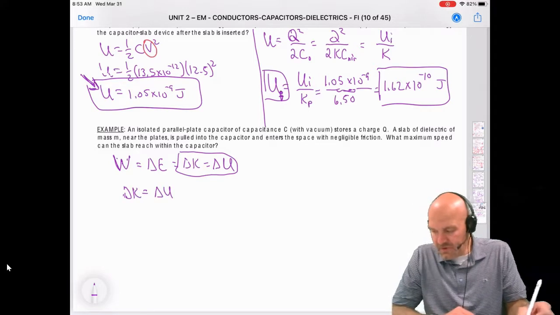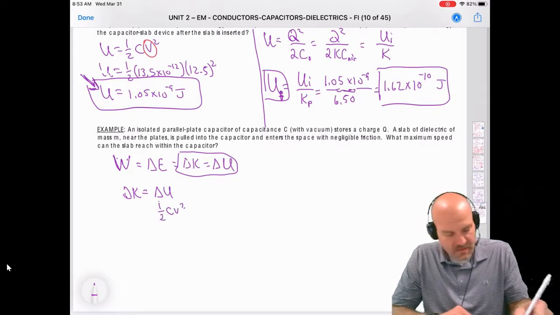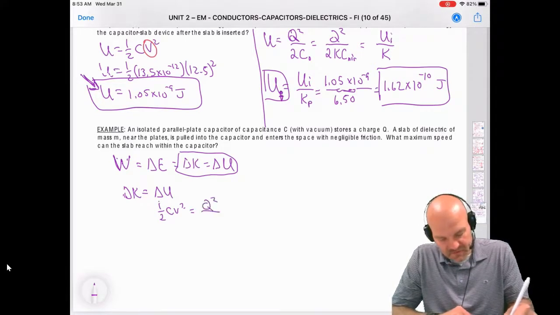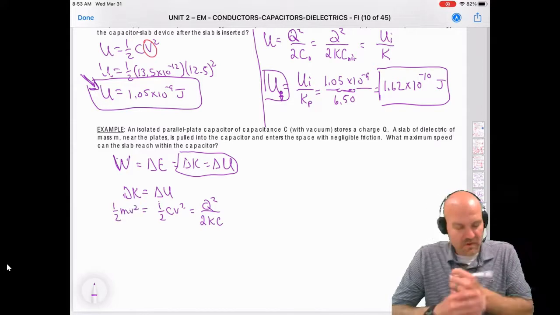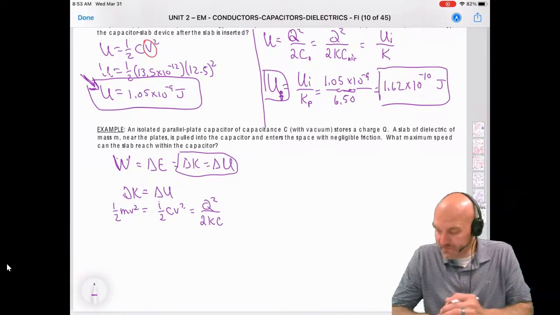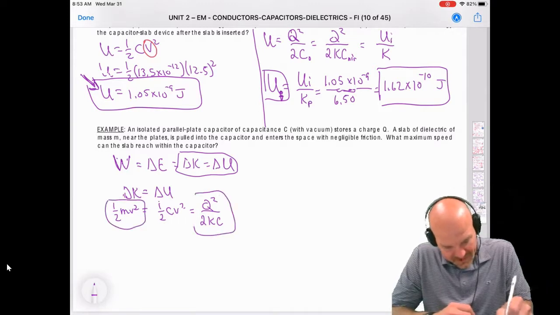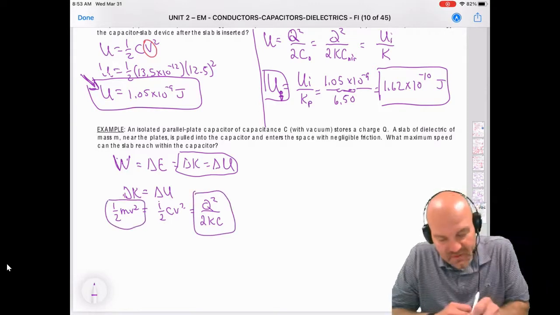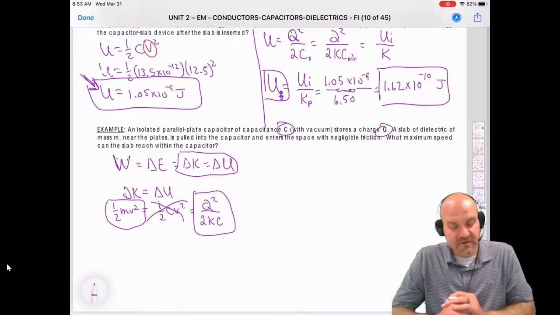We know that U is going to be 1/2 CV squared, but it also equals Q squared over 2 kappa C. I'm just trying to give you different ways that you can set all this up. I would probably use the outer relationships here because we have Q and we have C. Notice that this equation doesn't have Q in it.